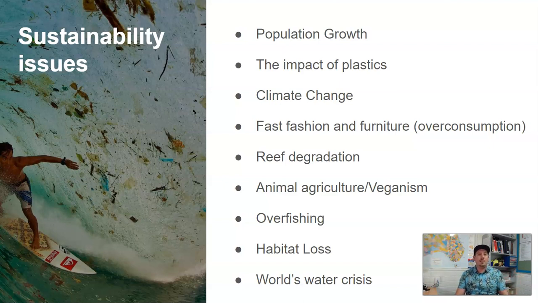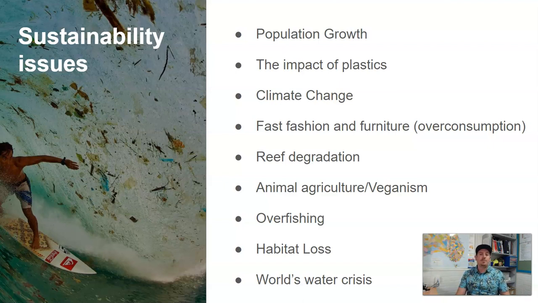I bet people aren't over-consuming at the moment while they don't have anywhere to go and wear all their fancy clothes. Reef degradation, which is a part of the pollution that destroys the reef, and you can see a surfer there with all the waste coming through the wave. Animal agriculture, which I've mentioned, and veganism, which is a result of trying to combat that issue.